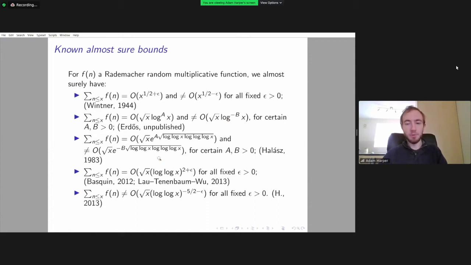And this was improved again in a very nice paper of Hollasch in the 80s. So this is a bit difficult maybe to parse if you haven't seen this before, but basically, root x times a power of log is root x times e to some constant times log x, if you write log to the power a of x as e to the a log log x. And what Hollasch proved essentially is that instead of having e to the a log log x, you could have e to the a square root log x in the upper bound.